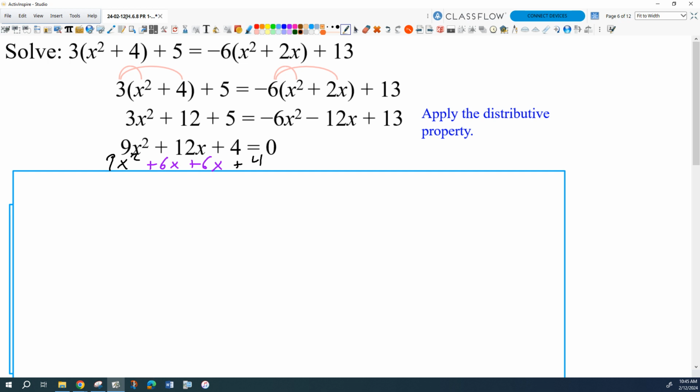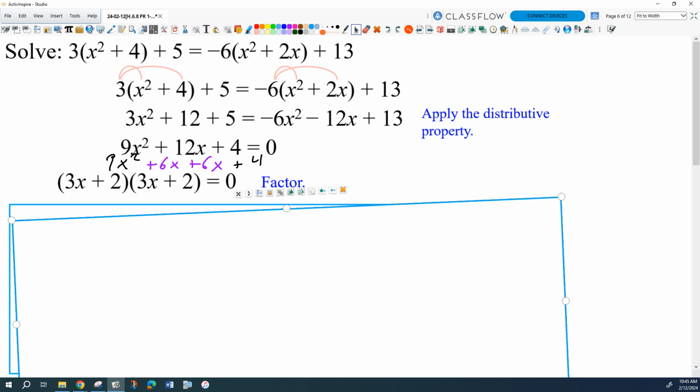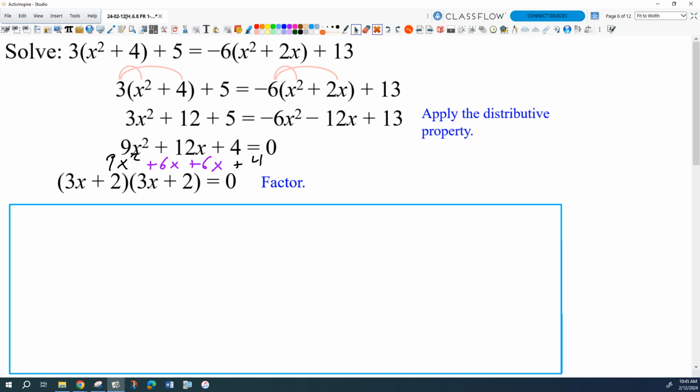So we could factor out a 3x, right? Leaving us with 3x plus 2. And then I got a 3x plus 2 times a 3. So does everybody see we're just going to end up getting that? And we would, right? If we just go through that process.